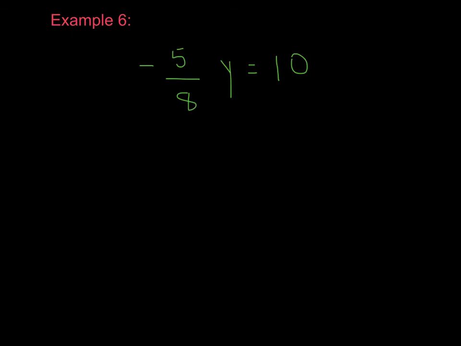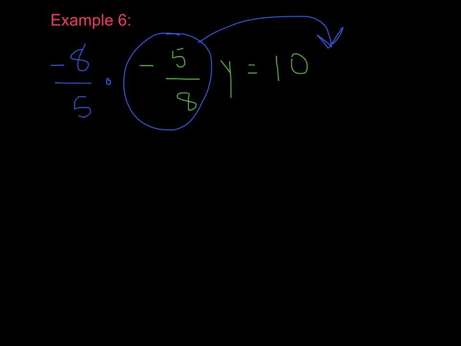Let's try it again. Now you have -5/8 times something equals 10. In order to get this guy over here, we're going to multiply by his reciprocal. It's a negative, so it would be -8/5. And multiply this by -8/5.